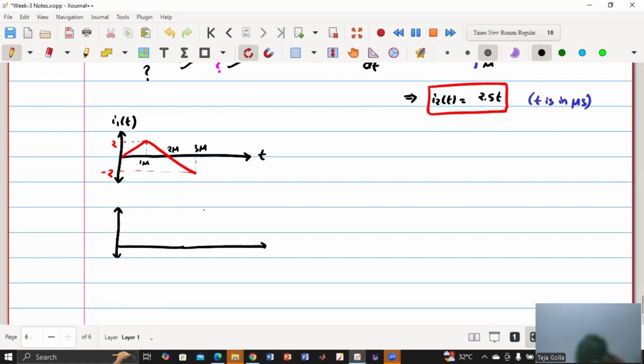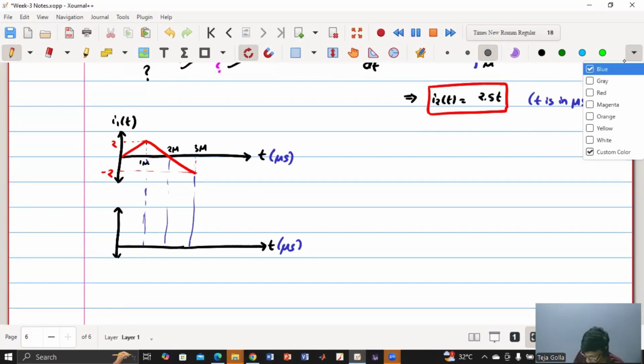So t is in microsecond, as we have specified. So now let us draw the same thing. So 2.5t means it is a straight line passing through the origin with a slope of 2.5. So the line will be something like this.